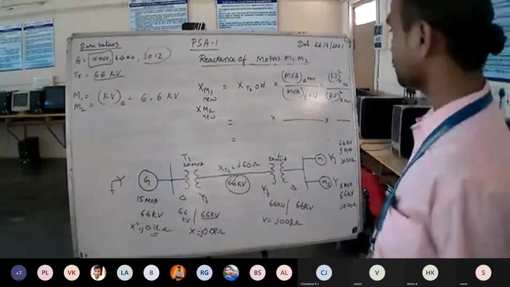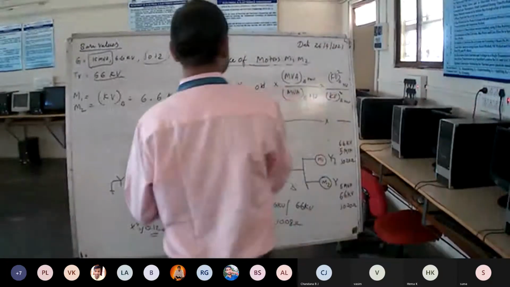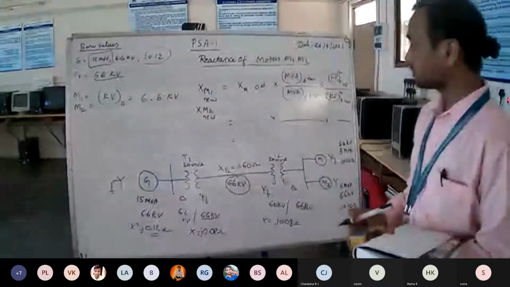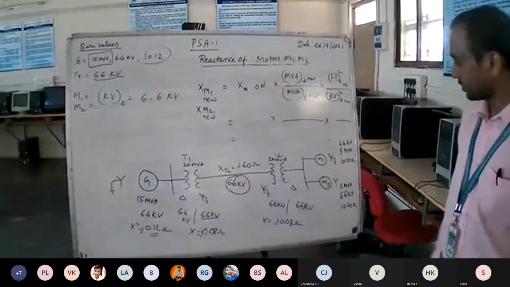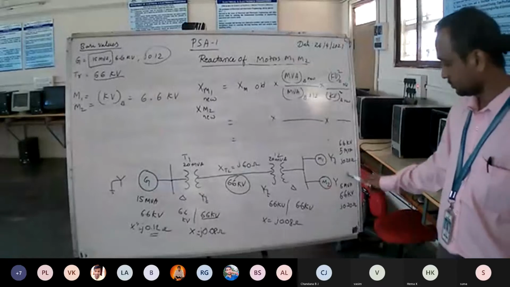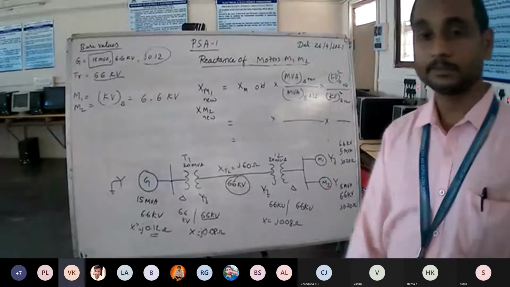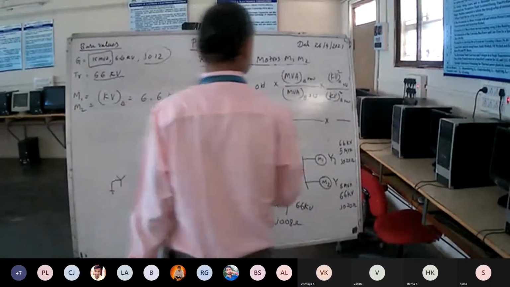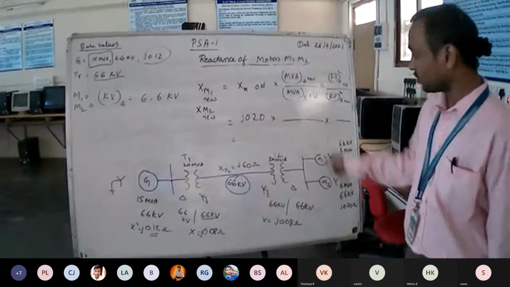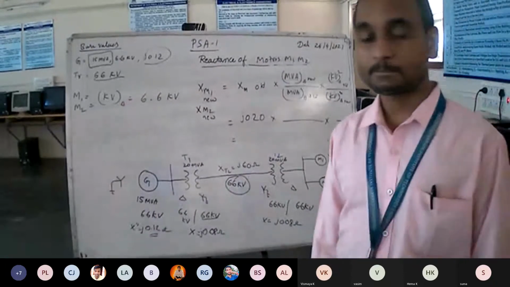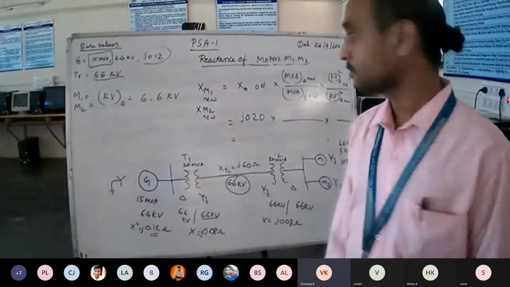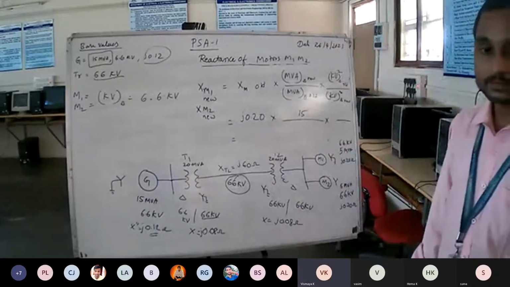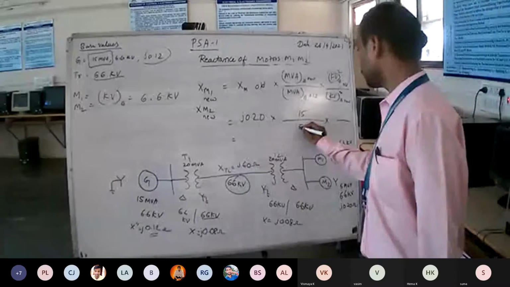Vismaya, tell this. What is XM old for the motor? J0.20 ohm. And the new MVA base for the motor? 15 MVA. Okay. Old MVA base is 5 MVA.